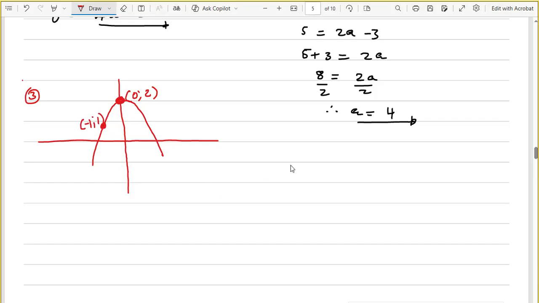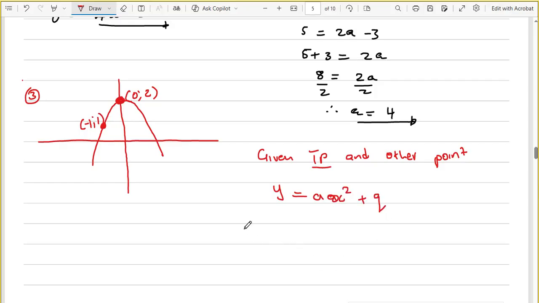Okay, so let's find the equation of the graph. So remember, you are given TP for turning point and other point. I said that if you are given the turning point and other point, we use y is equal to ax squared plus q.